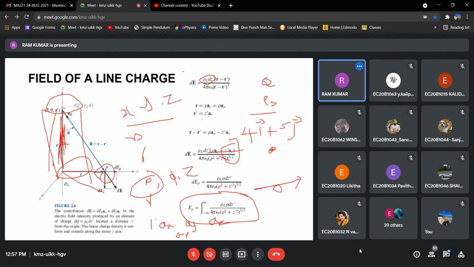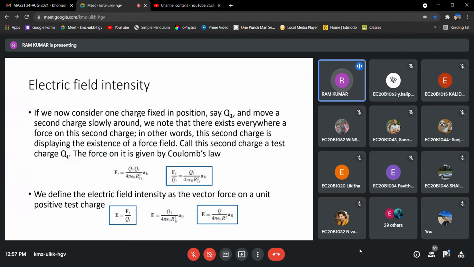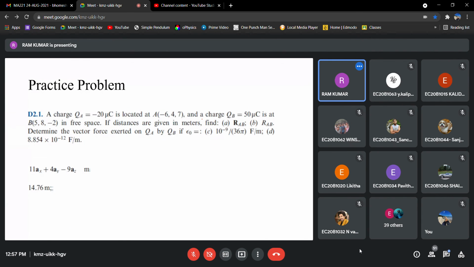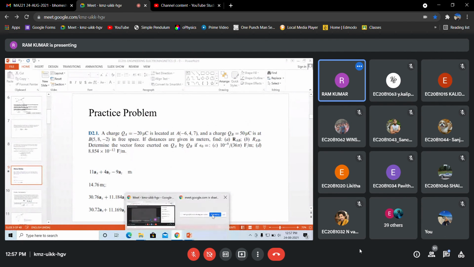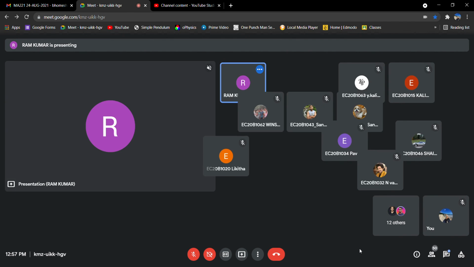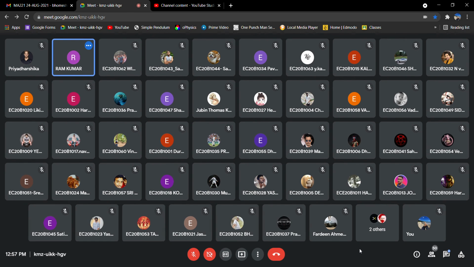Any doubt up to this? If anyone has a doubt, you can ask. Okay, I think some of you answered: Sanjit, Siddharth, Theta, Pi.